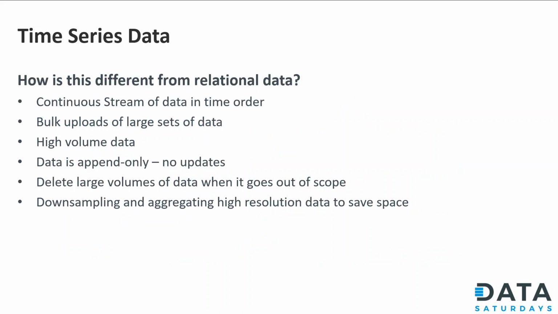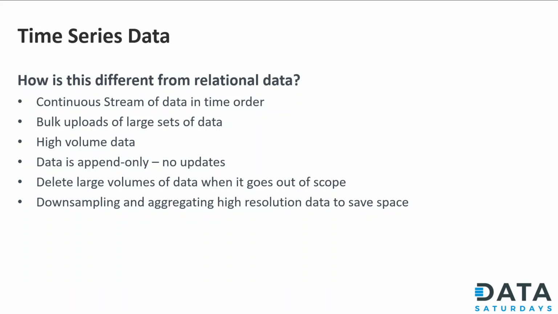Good, so the main question is, how is this data different from the regular data we are used to, the data that we treat every day in relational databases? It is actually pretty different, and it all comes down to the main characteristics of this time series data.